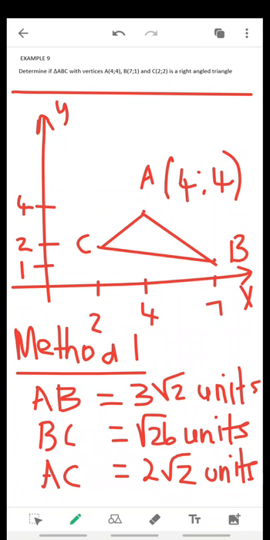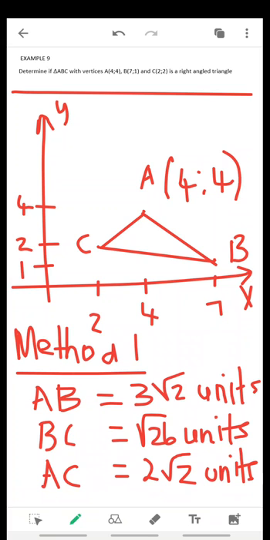Let us look at example 9. Determine if triangle ABC with the vertices given is a right-angled triangle. Underline, is a right-angled triangle. Okay, so what do we know about the right-angled triangle?